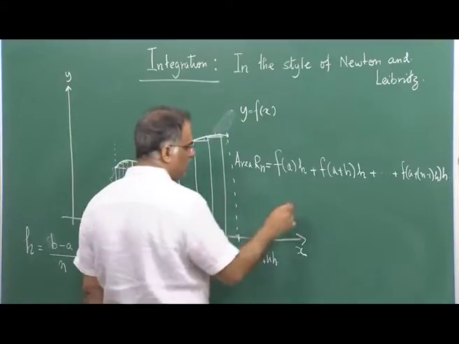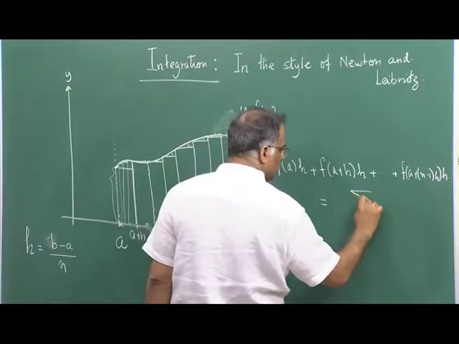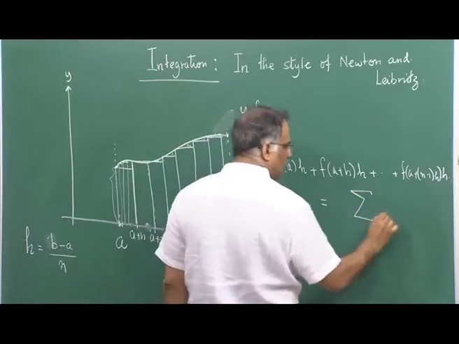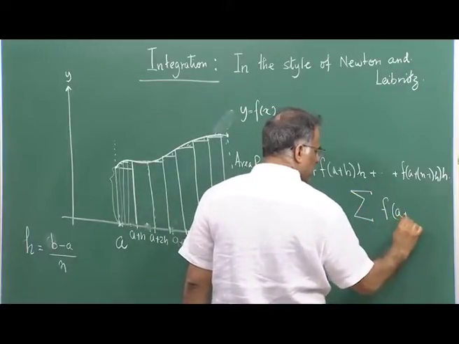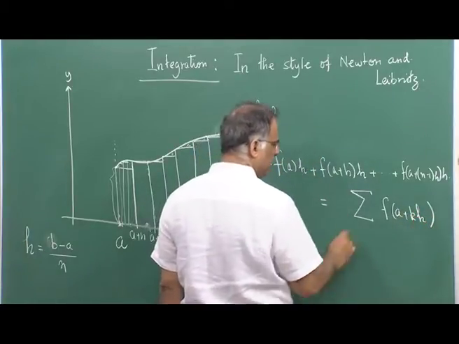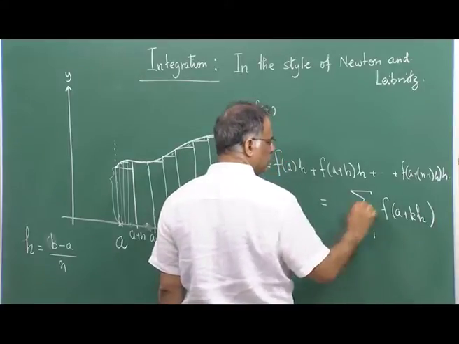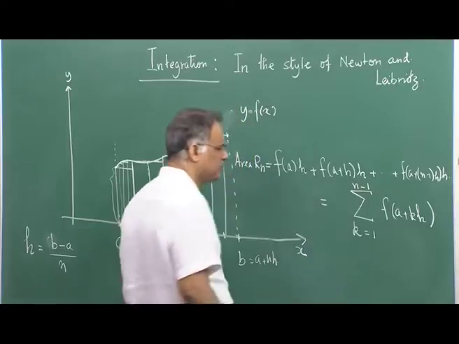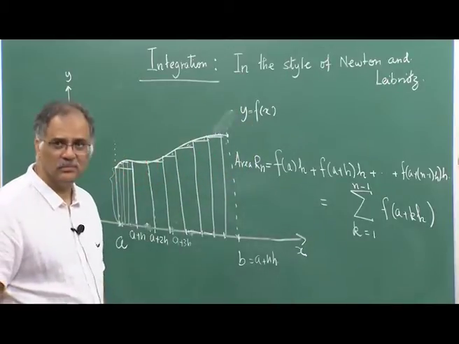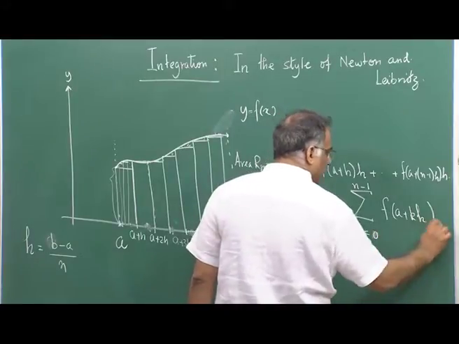So what is this? You can write this as the sum of f of a plus kh, where k is equal to 0 to n minus 1, and that into h.